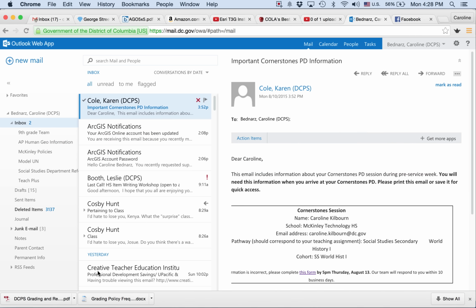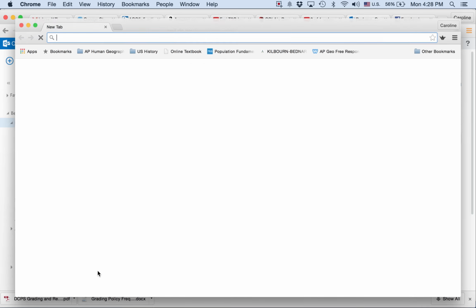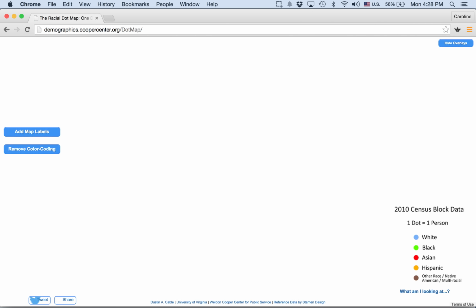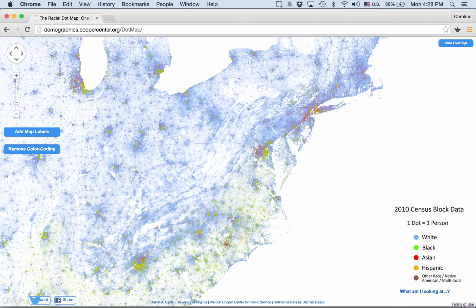I want to show you another one here with another kind of demographics one that we're going to take a look at, called the racial dot map, and this one's kind of cool. This is using 2010 census data, and it's looking at race and racial identity and distribution. You see that the dots here, 1 dot is representative of 1 person.